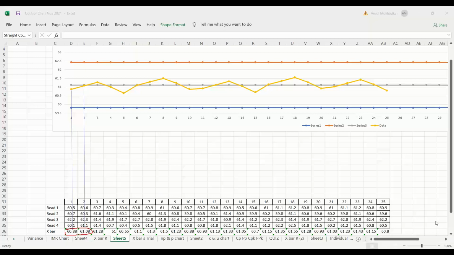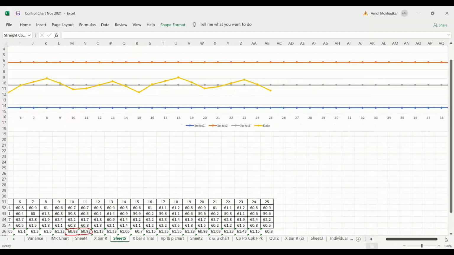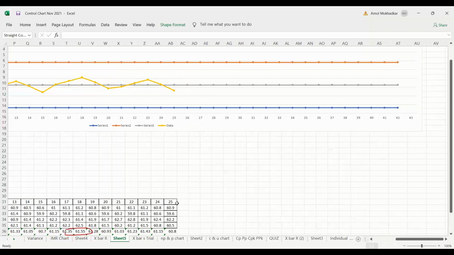Now on day-to-day basis, what you are going to do, whenever you put the 26th reading, जैसे ही आपके पास, now you are not 26, your regular reading you got. For example, regular reading of subgroup size of 4 data you got, that is 60.1, 60.8, 60.3, 60.9. This is your data. Now you will plot.